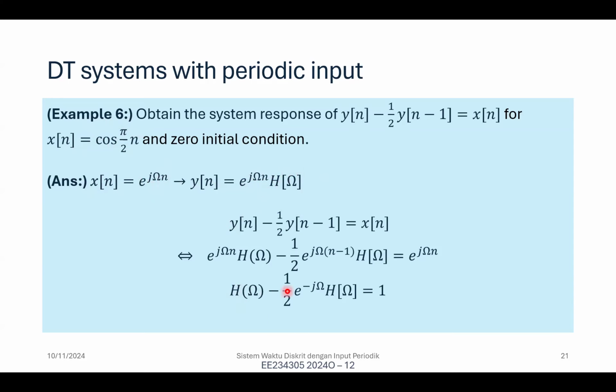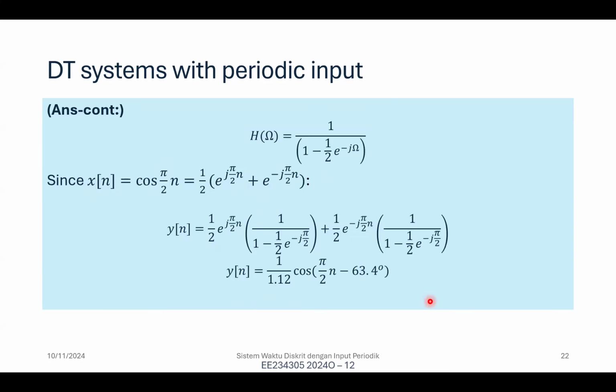So H(ω) is minus half times e to the minus jω times H(ω), which is 1. So H(ω) is the ratio 1 over 1 minus half e to the minus jω.